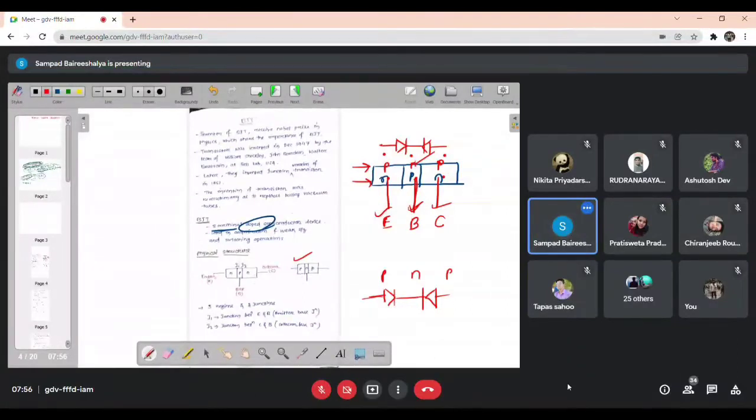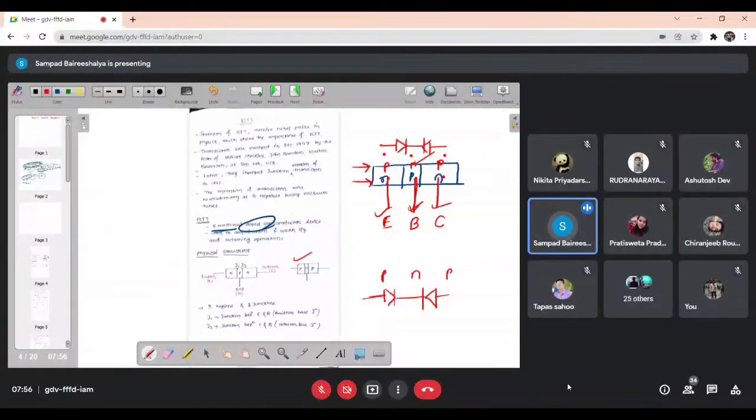If you understand the characteristics, what forward bias and reverse bias are, and completely how the diode operates, then only can you understand how the transistor will behave, because a transistor is nothing but two diodes in back-to-back connection. Yes or no? Yes, sir.